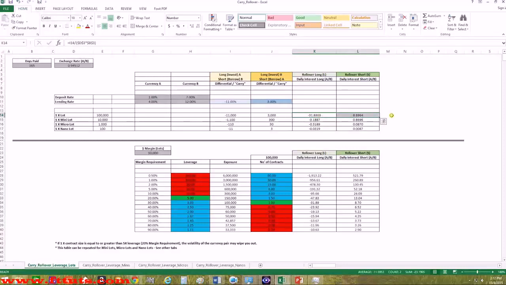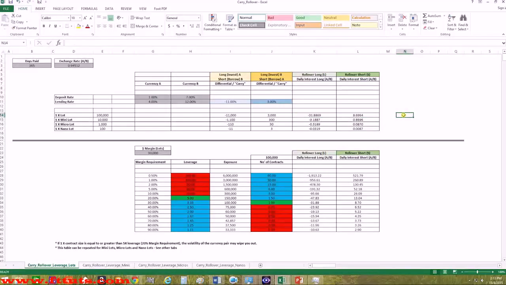And what you've got to think about, similar to analysis that we were doing before in terms of margin requirement and margin call, and the volatility of an asset being overlaid onto those metrics, we concluded that over any time horizon, the volatility of the asset, so in this case we're looking only at currency pairs, the volatility of the currency pair has to be, if it's bigger than the margin requirement of the broker, and you're fully leveraged, so using all of the broker's leverage, it's obviously very easy to be wiped out.